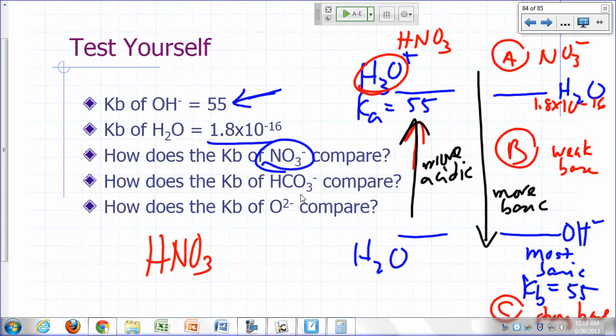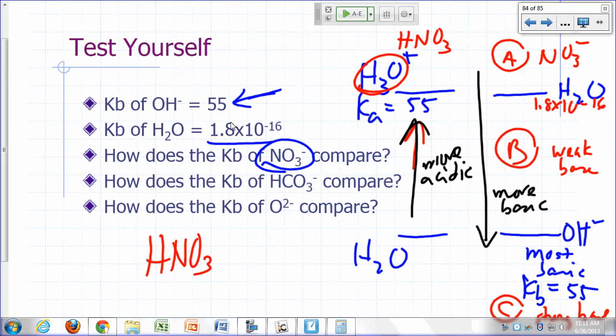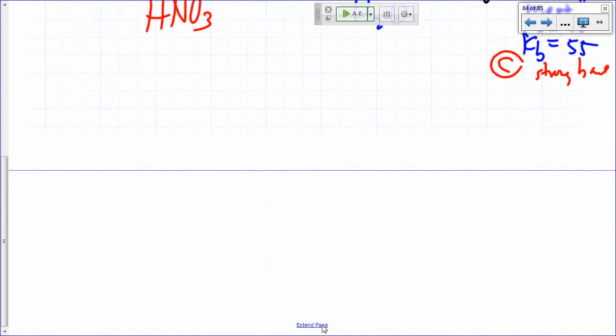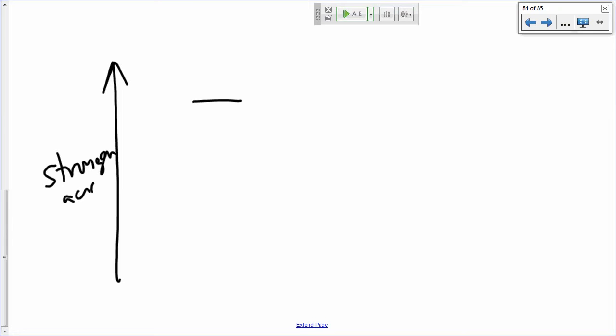How about bicarbonate, HCO3 minus? Where would you find it, A, B, or C? Right in the middle. Okay. Let me make a better summary, a better picture here. Okay, so you have your acid strength. You have stronger acid. The strongest in water is what?